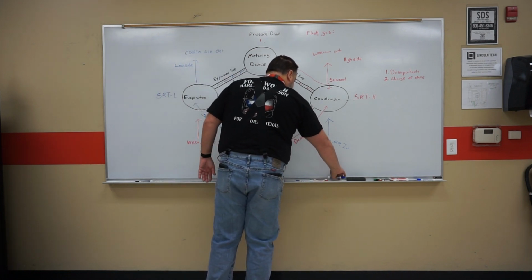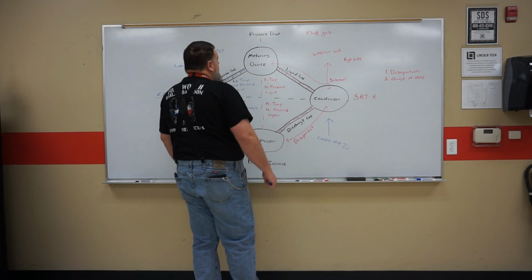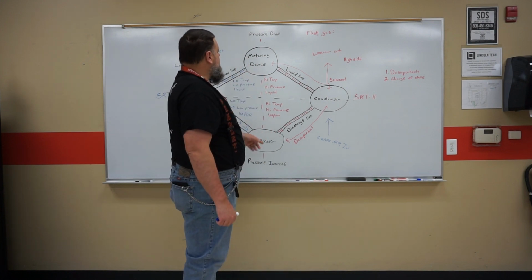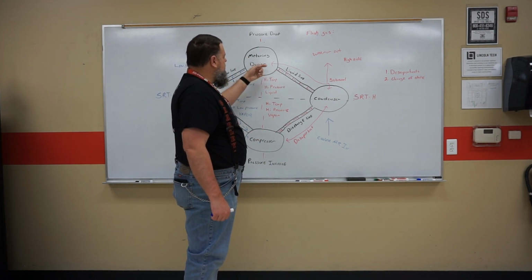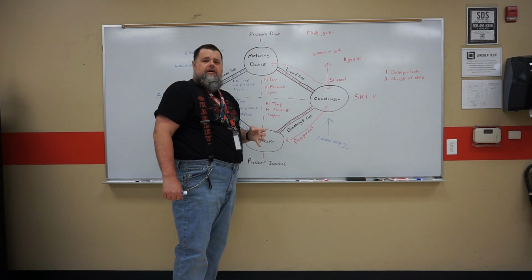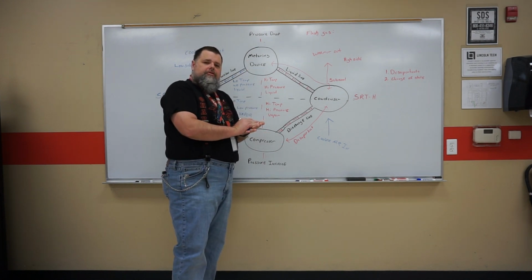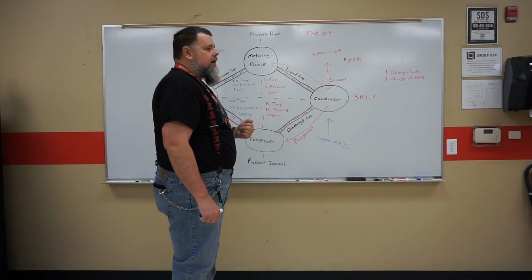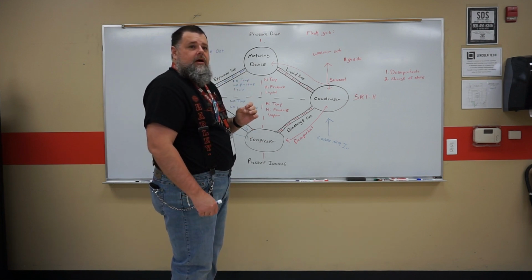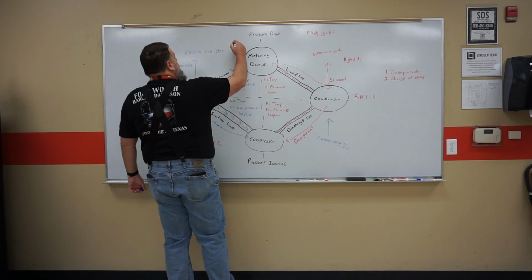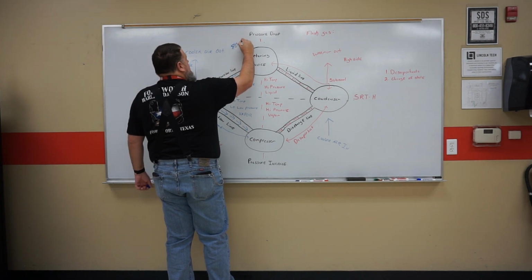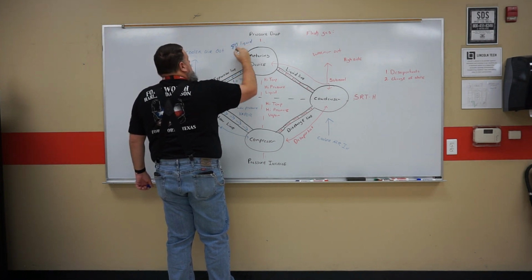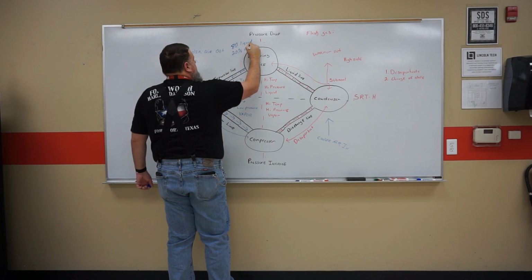So when we get over here to the metering device, we're going to have a pressure drop. Basically this goes into a large line, and then it goes through a tiny little orifice in there, and that's what causes the pressure drop. As we do that, we will flash some, but we should have at least 80% liquid and 20% vapor as we flash through there.